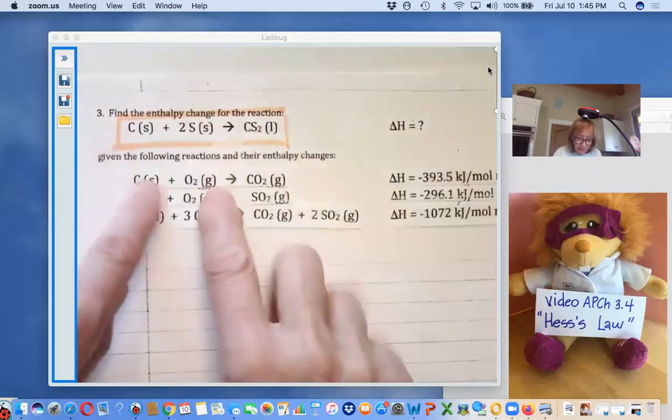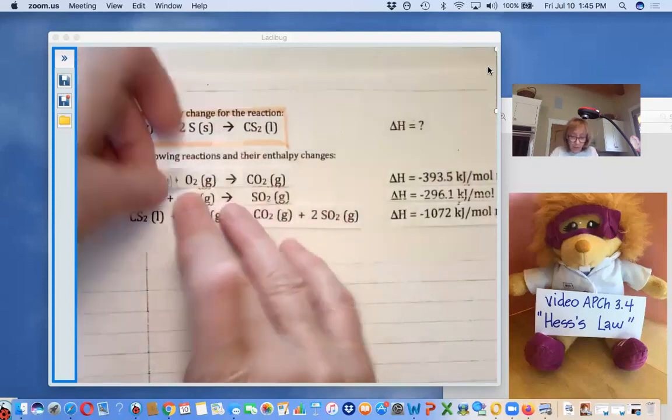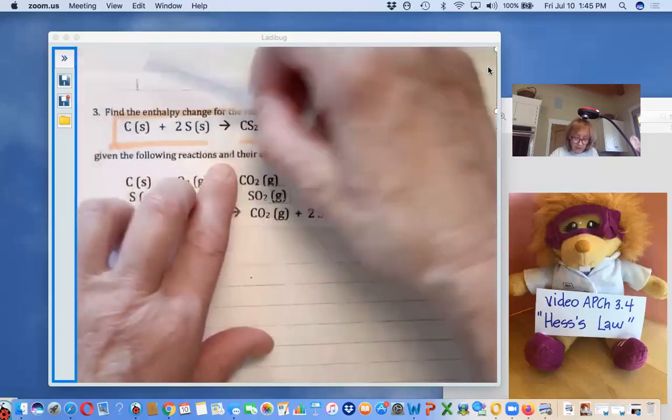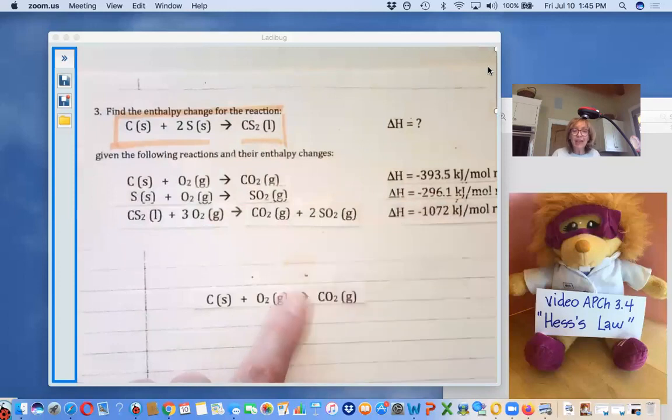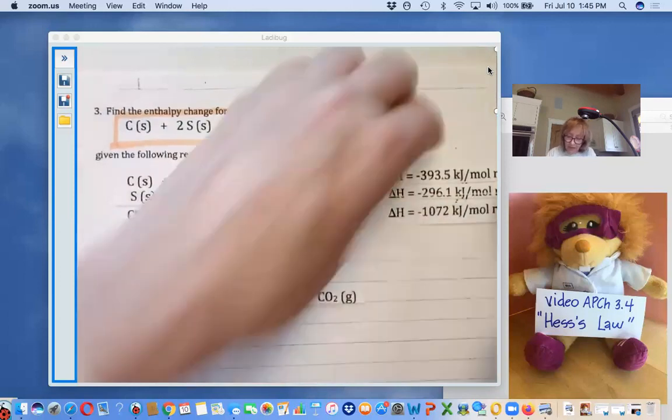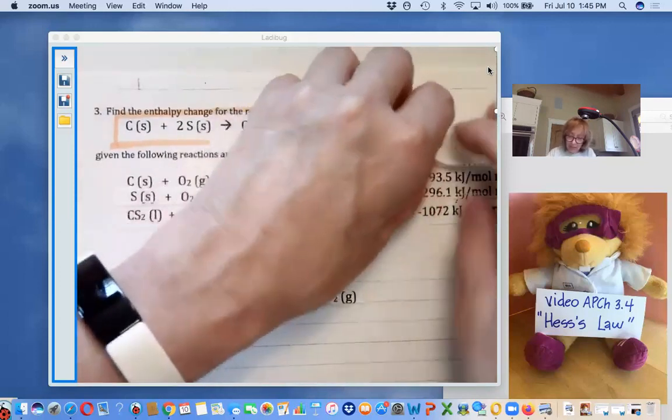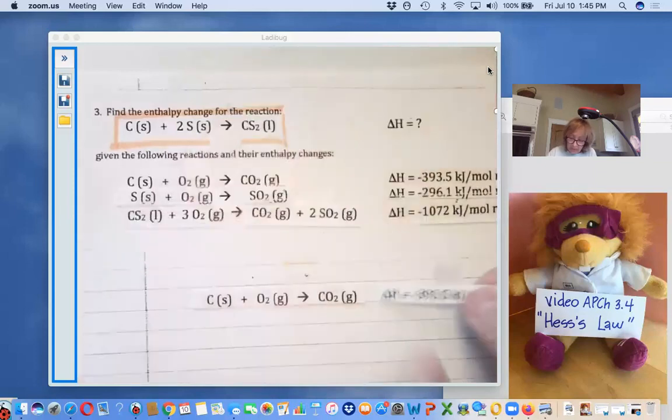And I see right here, my first equation gives me just that. So I'm going to put it right here. And because I didn't change anything about it, I'm going to take its delta H value. I'm not going to change anything about that.